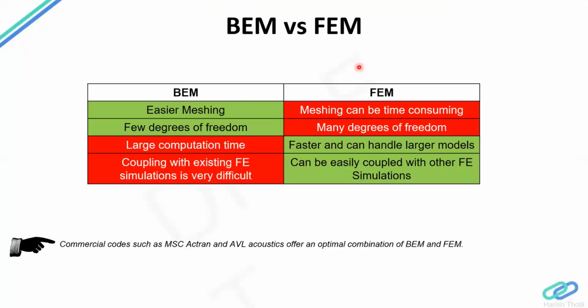Okay, but if we talk about the differences between the boundary element method and the finite element method, the major differences you see on the screen. The boundary element method is quite easy because most of the time it's a line mesh. And with FEM, this can be a bit time consuming because, mostly if you're doing a simulation in 2D, you have a lot of elements.